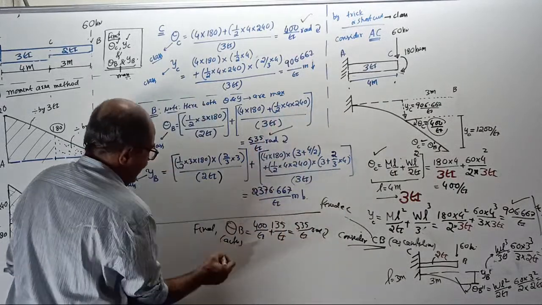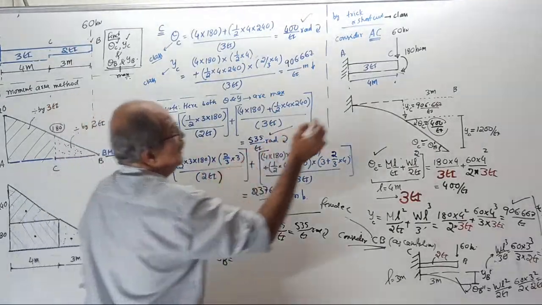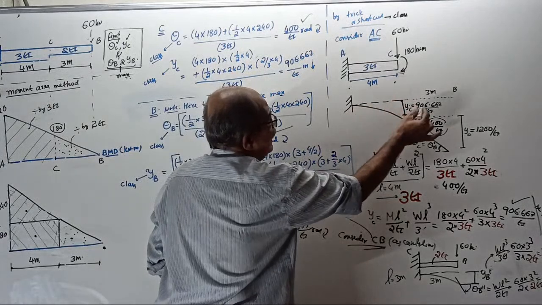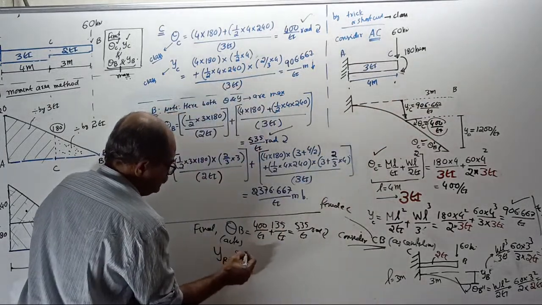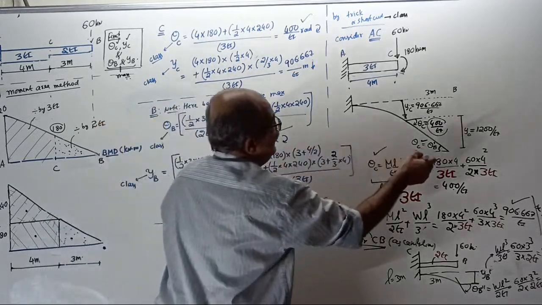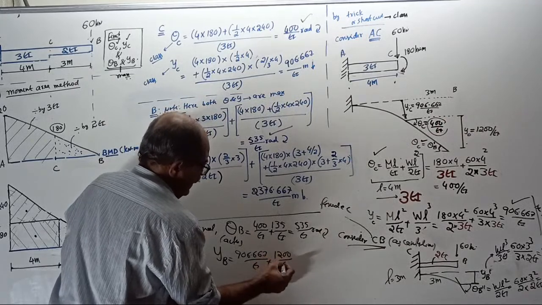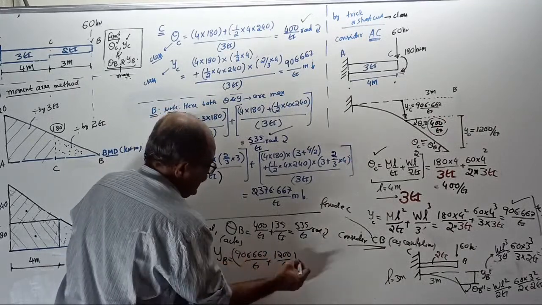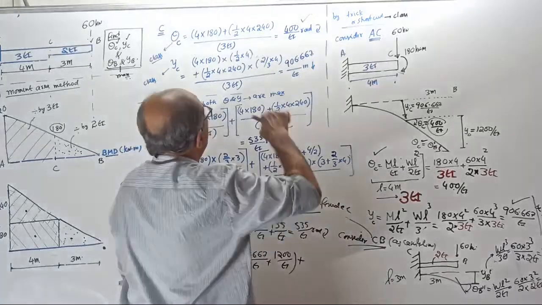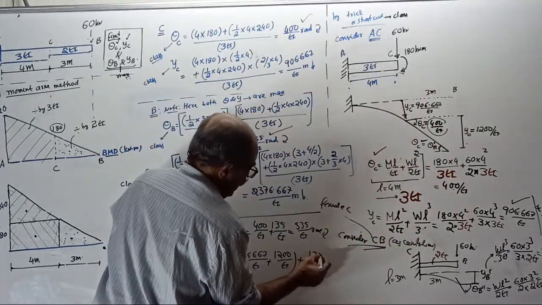And final deflection at B equals, whatever this deflection, 906.667 by EI plus the extra deflection here, 1200 by EI, that is from the previous cantilever, plus again for that cantilever one more deflection of 135 by EI.